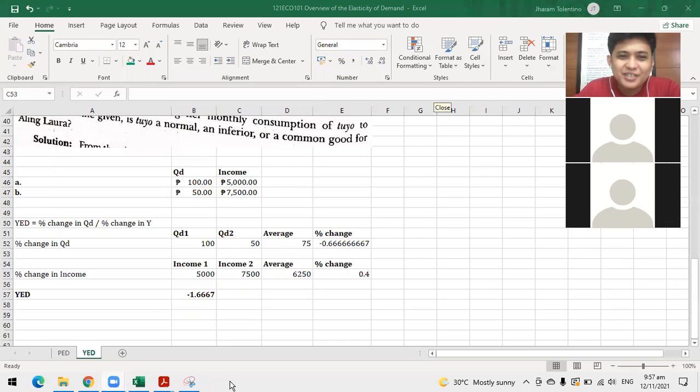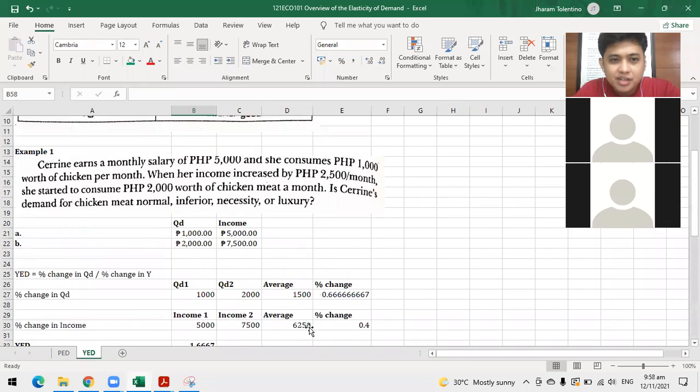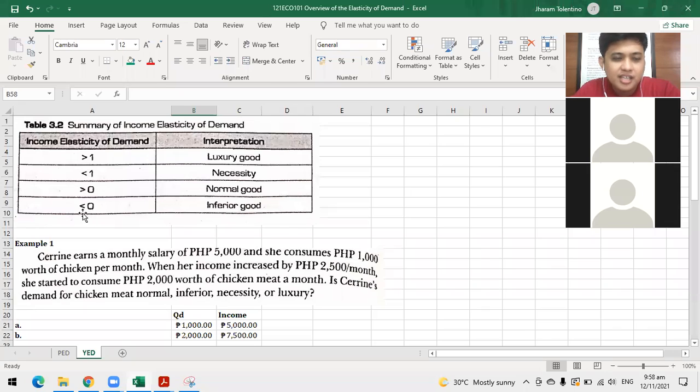Okay, so we have here negative 1.6667. Okay, so anong ibig sabihin nito? Kasi it's a negative number, it's less than 0, it's inferior.